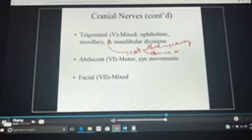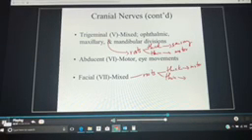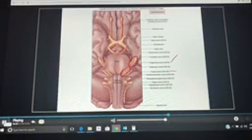When it comes to the facial, the roots are opposite. The thick is motor, the thin is sensory. And again, your cranial nerves here, number 5, 6, number 7, come to 8 yet.